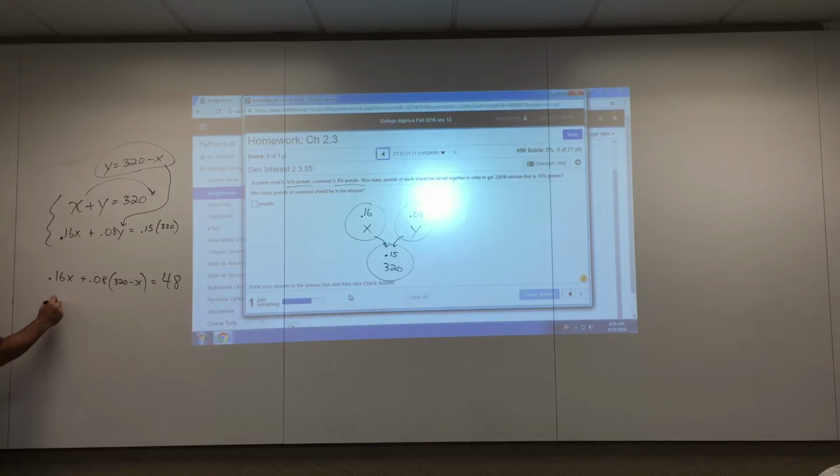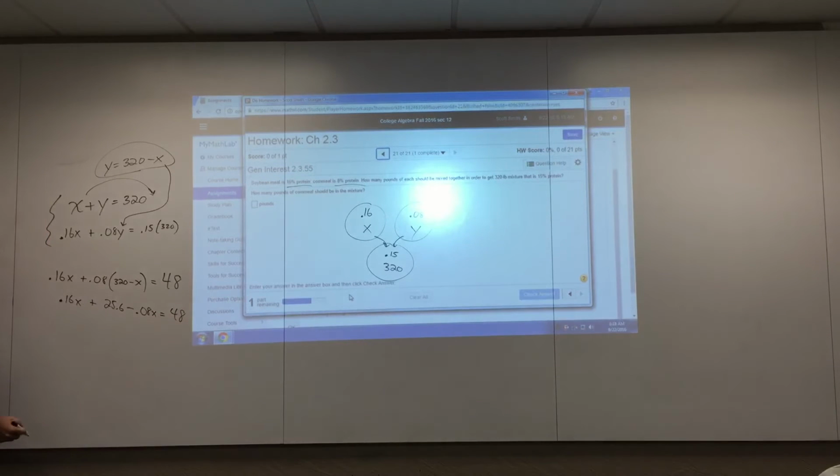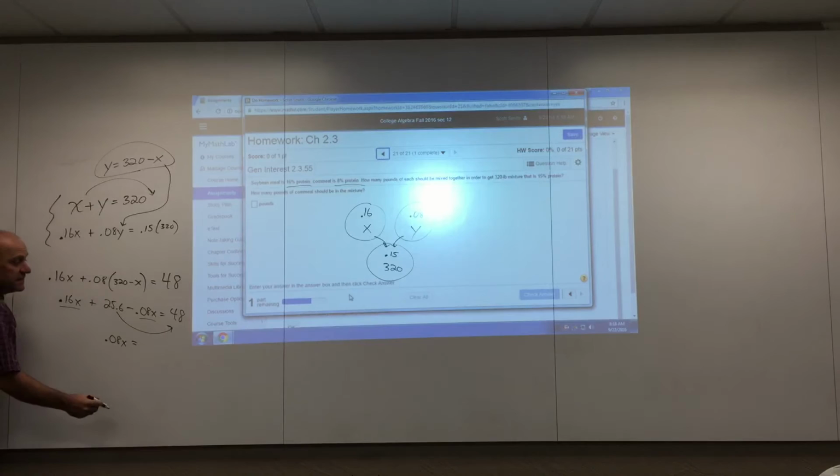I'll distribute this. This is 0.16x. 0.08 times that. Can you help me? 25.6 minus 0.08x equals 48. If you subtract your x's there, you get 0.08x, I think. And over on the other side, I'm going to subtract the 25.6.